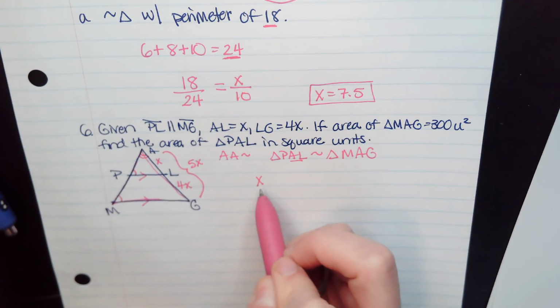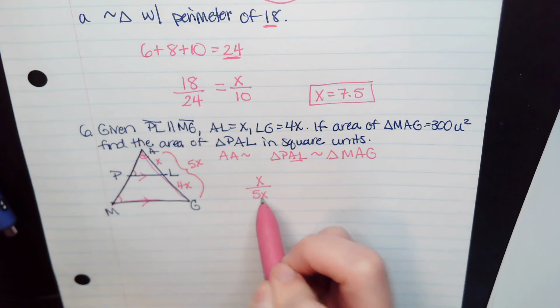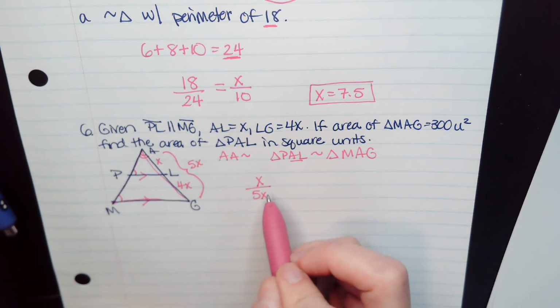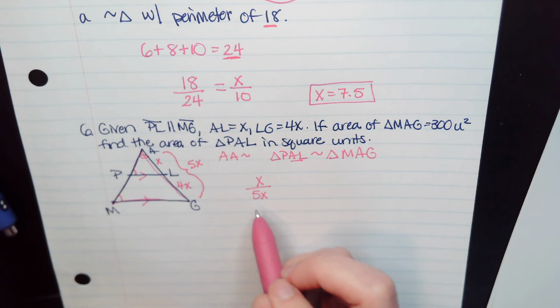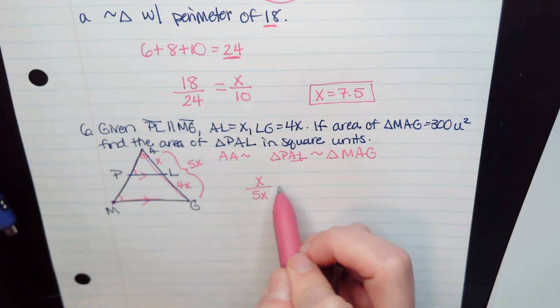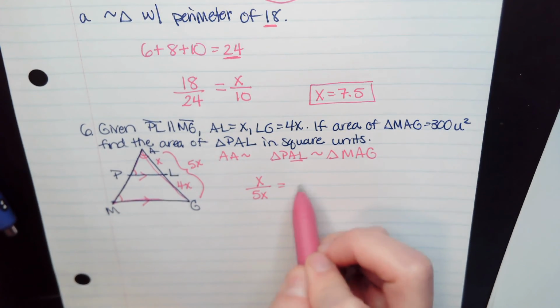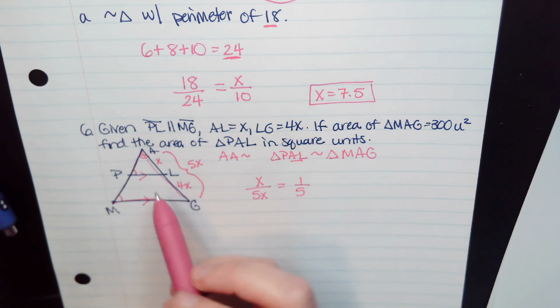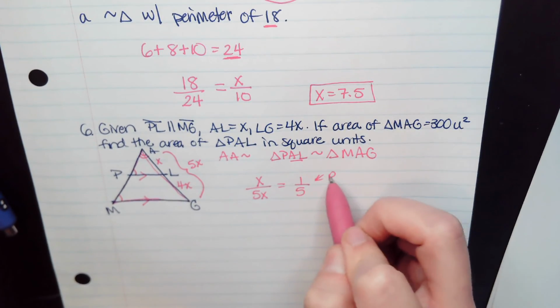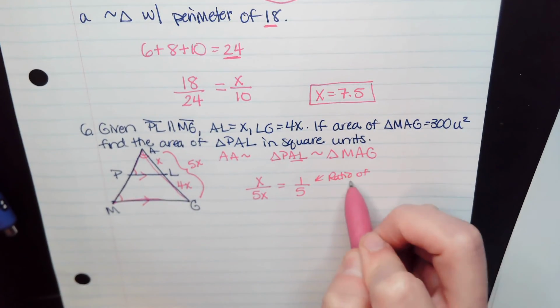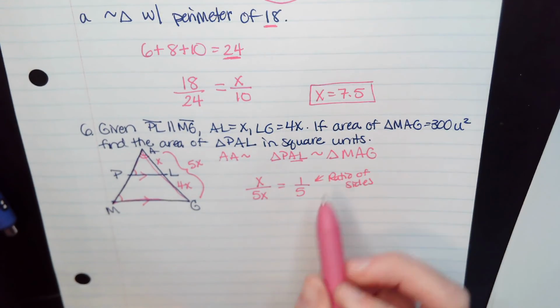So if I take X over 5X, I can reduce that down because these X's would cancel, leaving me with 1 over 5. So now I know that the ratio of my sides has to be 1 over 5.